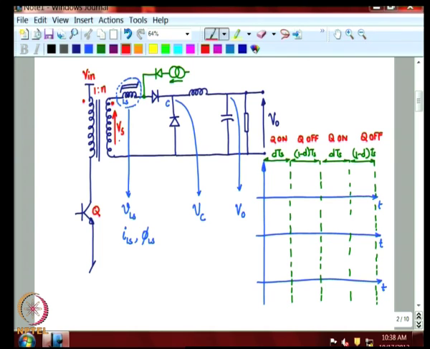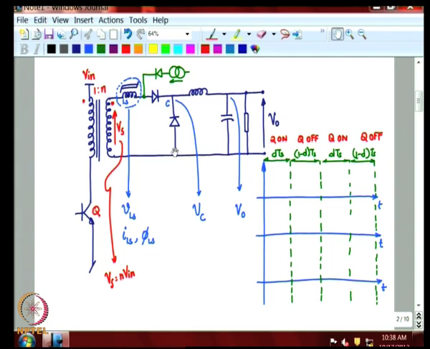So, the voltage Vs would be n times V in with the dot end positive. Now, this diode is freewheeling. This diode is freewheeling because of the inductance and output inductor stored energy.